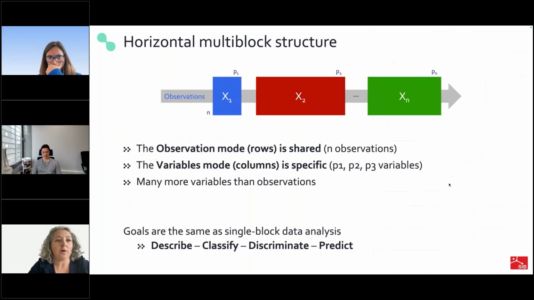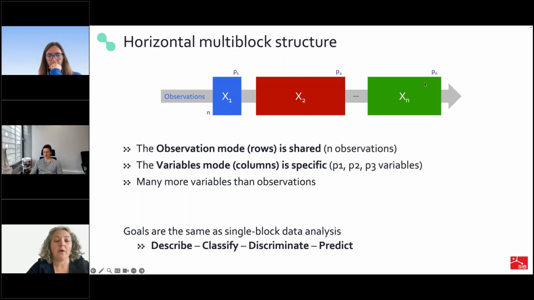They are all working with this horizontal data structure where the observation mode, so the samples, are shared between the different data tables, but the variable mode, so the columns, are really specific to each data table.